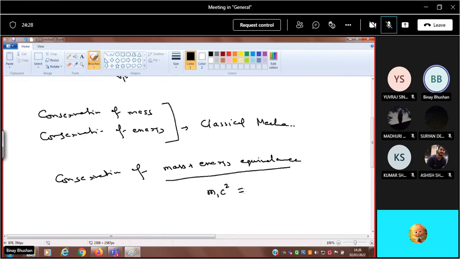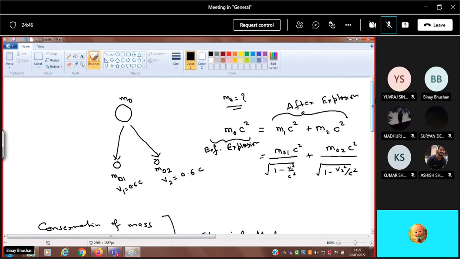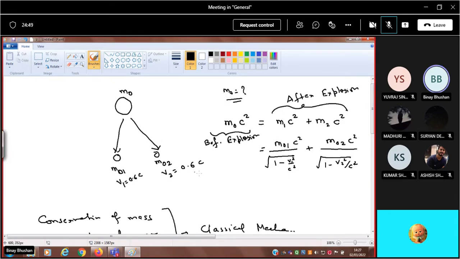In STR, we cannot write m1 equal to m2. As you can see here, if you solve this problem, then m0 will come out to be, what is the answer? It's solved in the question. Yes, Madhuri, what is the answer here? 2.5 kg.